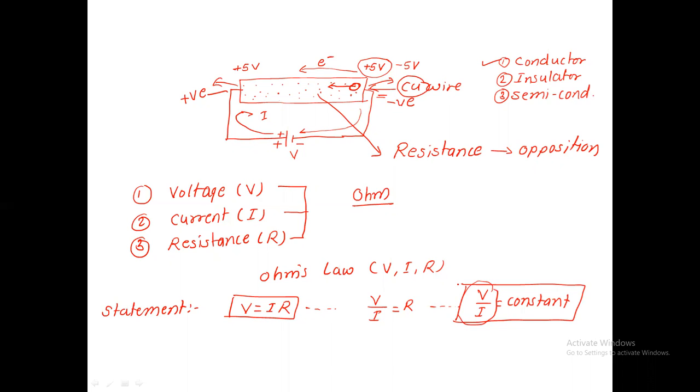The ratio of a potential difference applied at the two ends of a conductor to the current flowing through the conductor is always constant, provided that the physical state of the conductor is not changed.